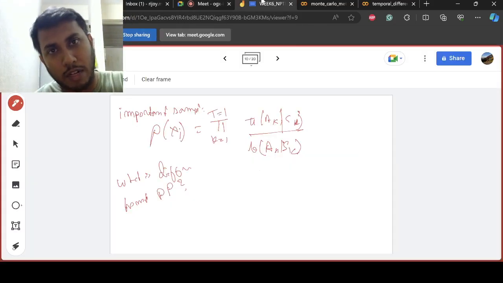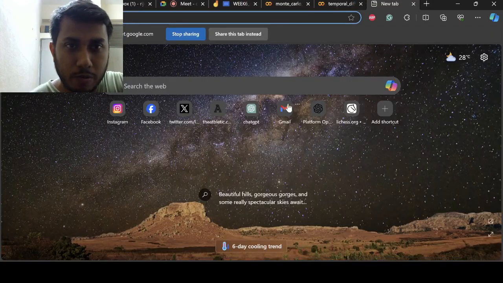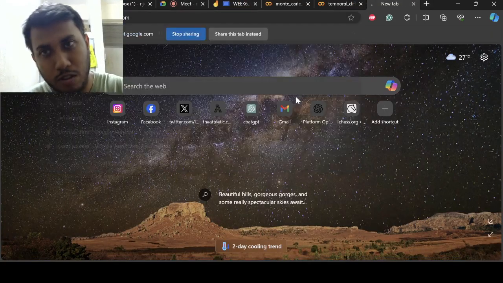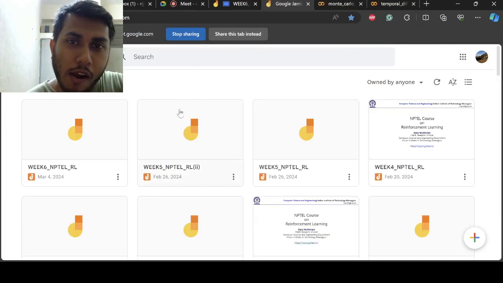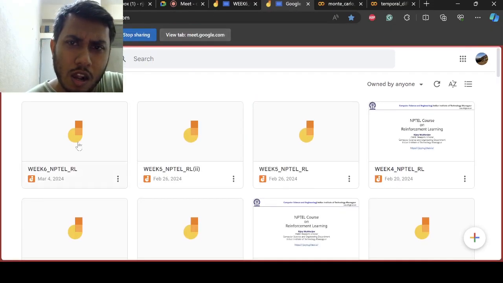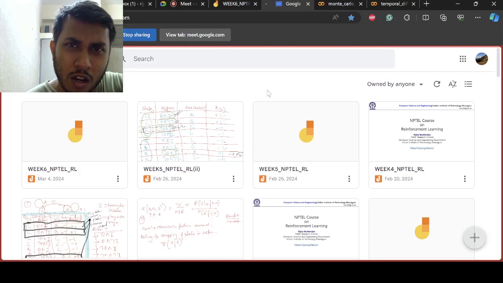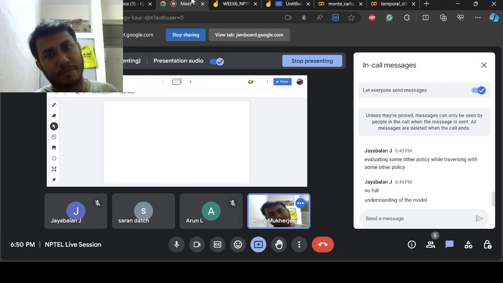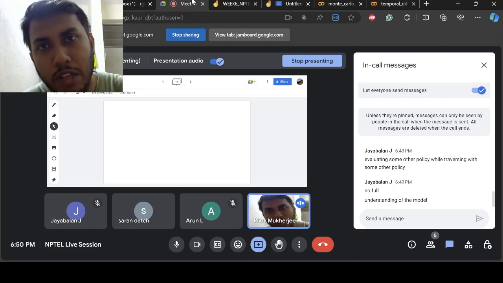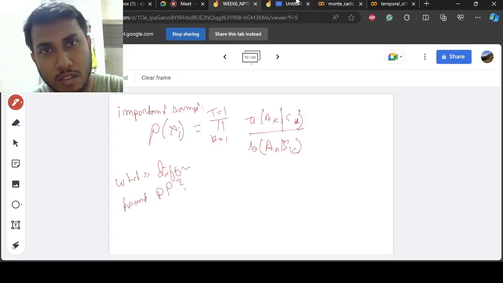So let's come to the last few models. Let me just open another Jamboard. This Jamboard is full. Now we come to temporal difference.